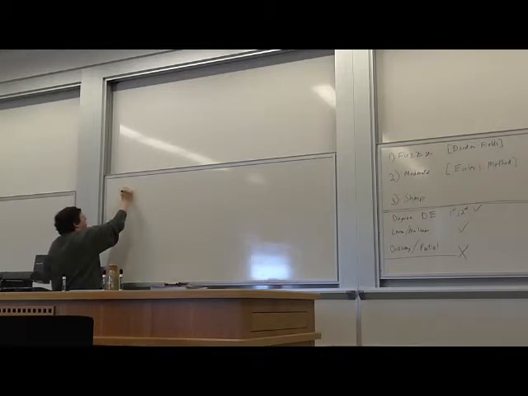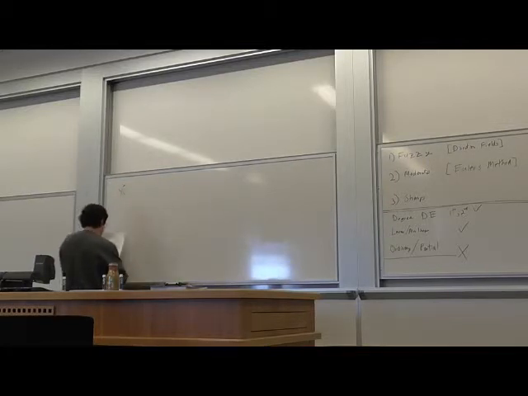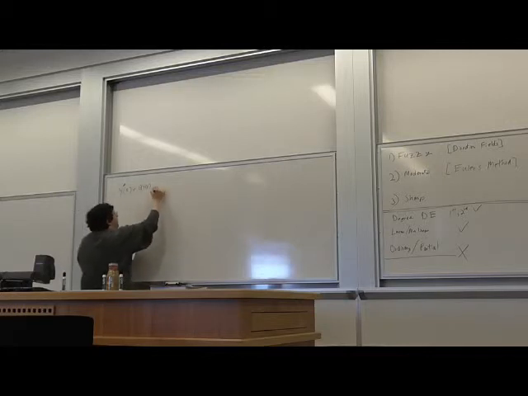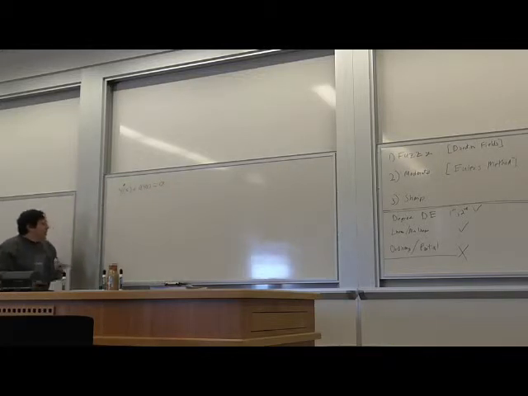We're going to look at it in very general terms. y prime of x plus some constant a times y of x equals 0. And we're going to try and solve this.